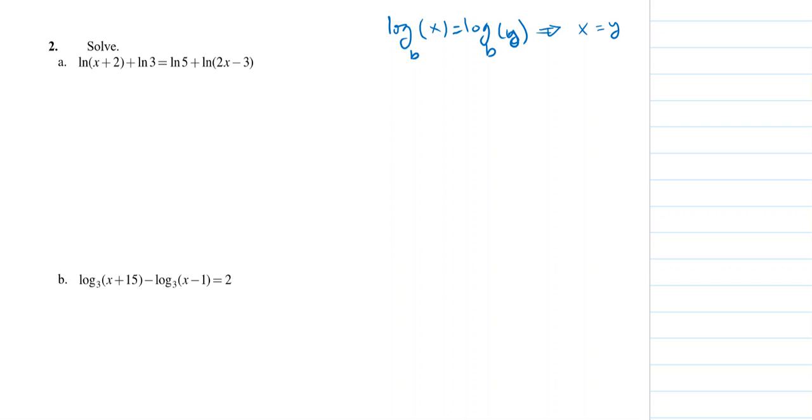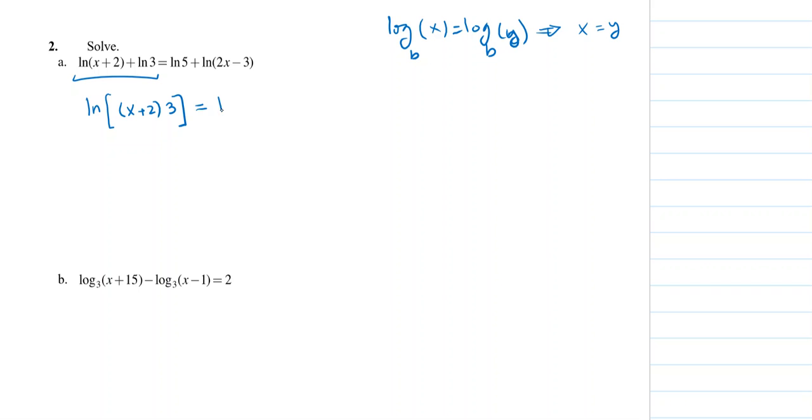Well, the problem is I don't have just one log. I have to condense these 2 into 1. So that would give me, because it's plus, I multiply x plus 2 times 3. That's the product law of logarithms.